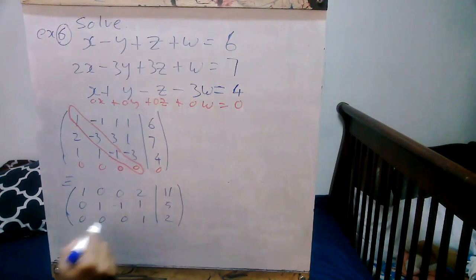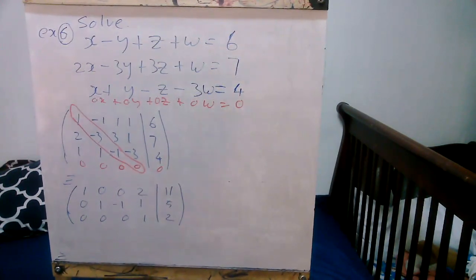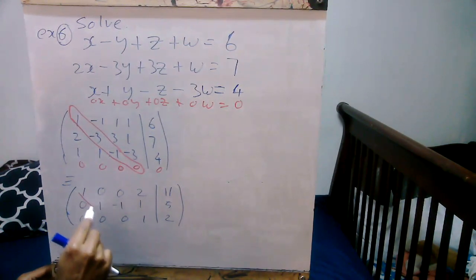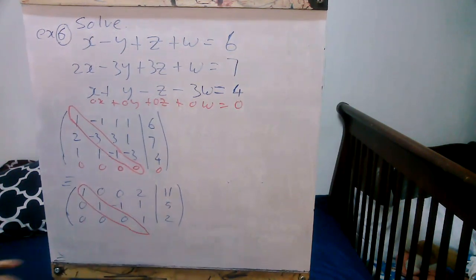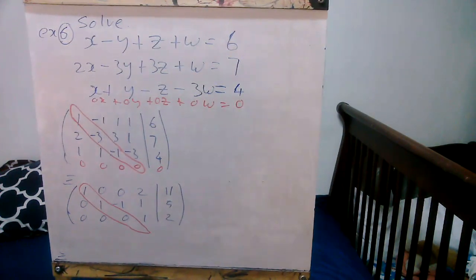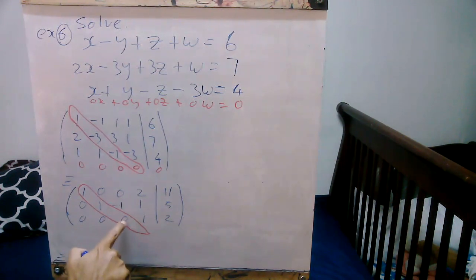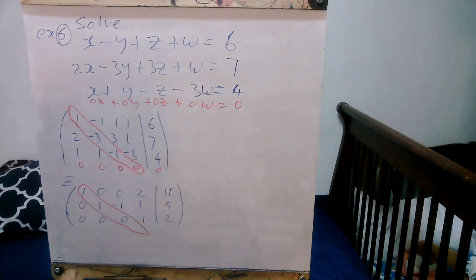If you just assume last row 0, you get another zeros row here. You get this. Then what can we do? This is the diagonal. Now after this step, you see you cannot make this 1, you get 0, therefore you cannot make this 0. Then you have to stop there.